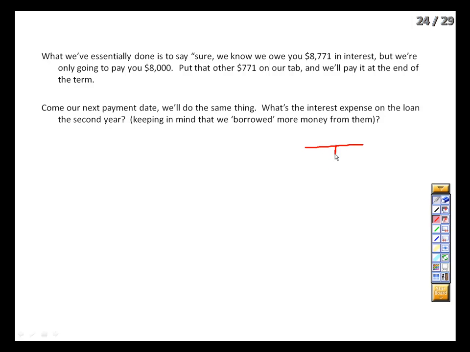Our bond account still has the $100,000 in it, but here's our discount account. And our discount account started at $12,289. We put the $771 on the tab. We've now got a balance of $11,518.